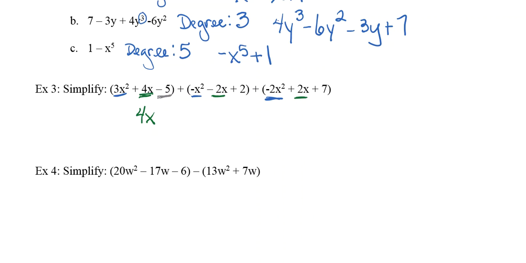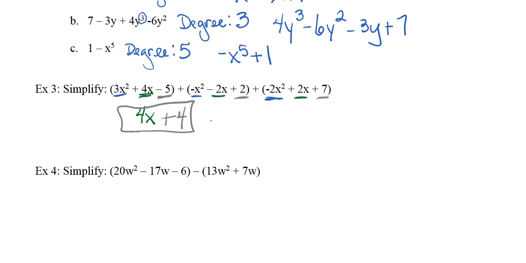Now I'm going to look at my constants. I have a negative 5, a positive 2, and a positive 7. Negative 5 plus 2 is negative 3. Negative 3 plus 7 is positive 4. So I put all of those together and I end up with a binomial of 4x plus 4.